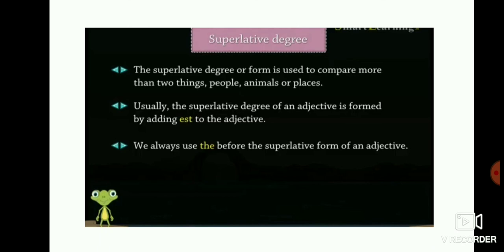So before the adjective you have to use the. Positive, no comparison. Comparative compares only two things, people, animals or places, and you add er, followed by than. But superlative, you add est, and before the adjective you add the.